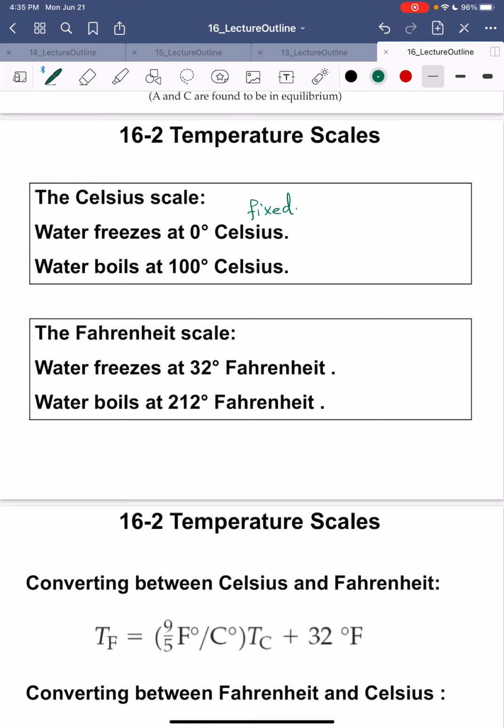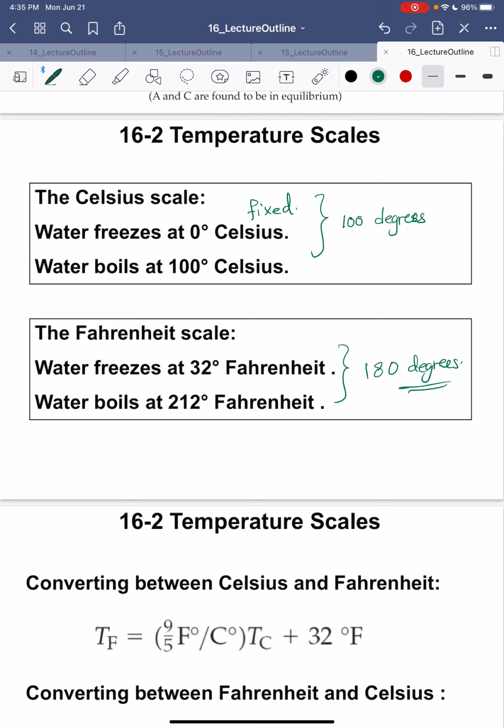I know that this is our system here in the United States, but I want you to know that the Celsius scale is divided into 100 degrees, and the Fahrenheit one is 180 degrees.